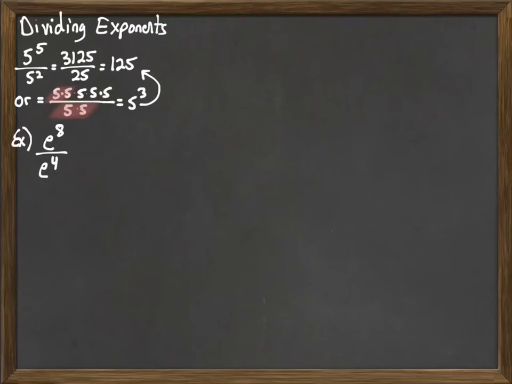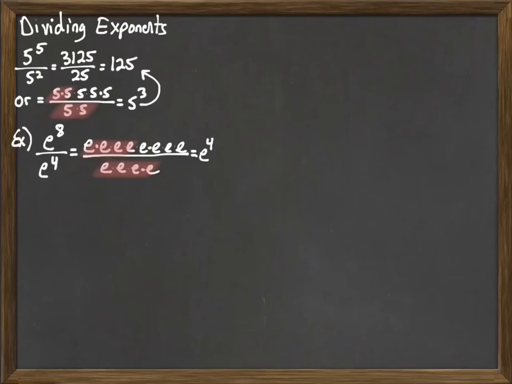What we can do, though, is write out the e to the 8th as e times itself 8 times. In the bottom, we can write the e to the 4th down as e times itself 4 times. And then we can go through and say, I have 4 of them in the bottom that can cancel with 4 of them in the top. And so we have 4 left, so we have an answer of e to the 4th.